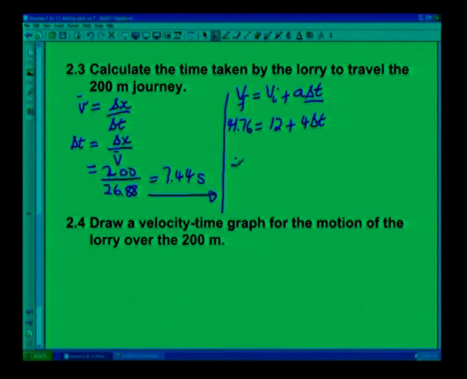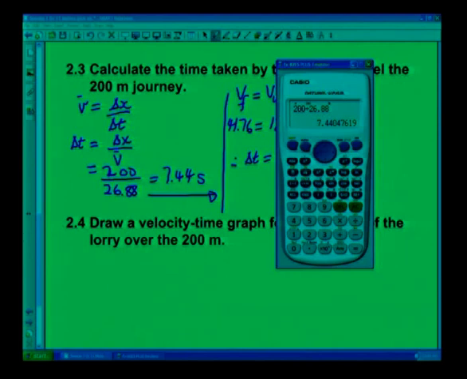Therefore, delta t equals 41,76 minus 12. What are we going to get there? Can work it out quickly. 41,76 minus 12, 29,76. All right?